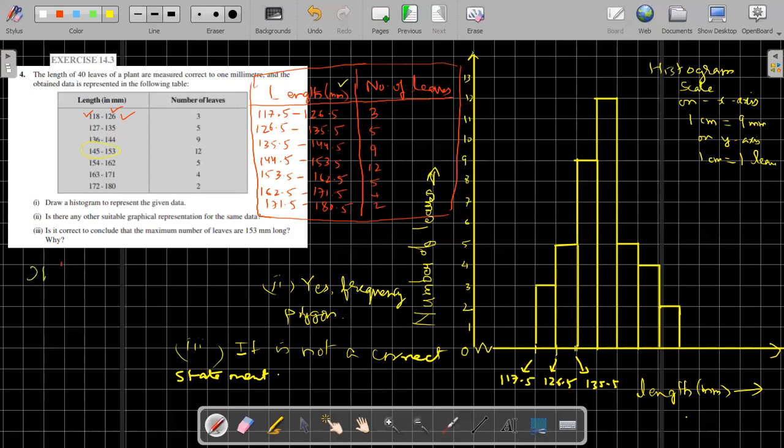Reason: you can write the maximum number of leaves are not 153 millimeter long.